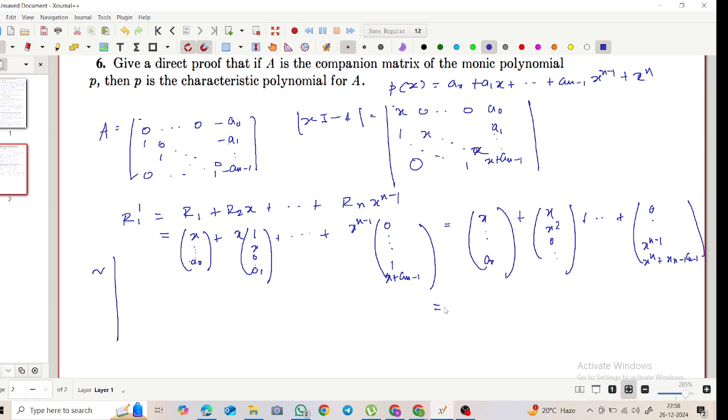R1 is that, so there was E1, right? So here we will have an A1x. Wait a minute. I think I have done some miscalculation. Just a minute. Minus 2 is here, so that will be.